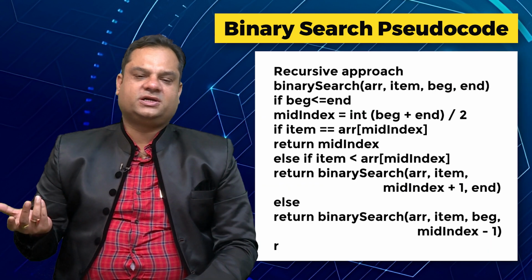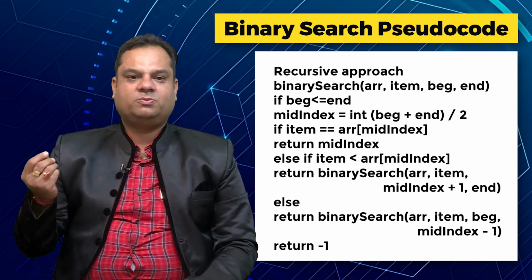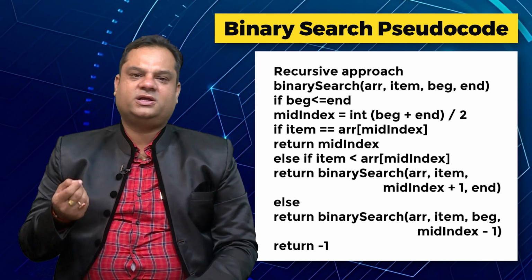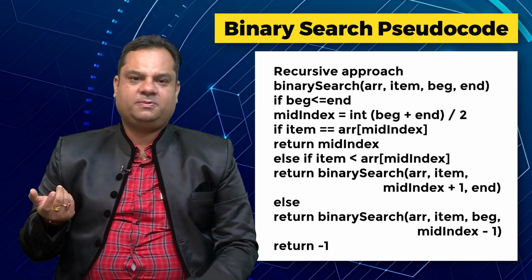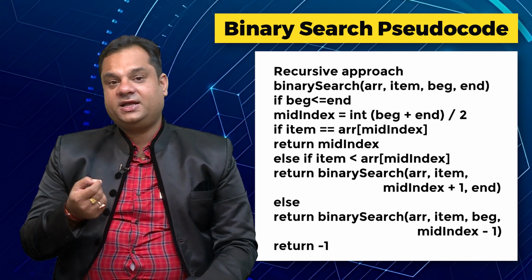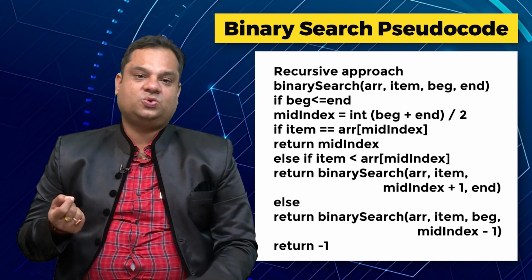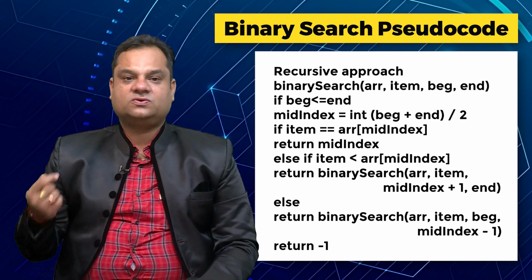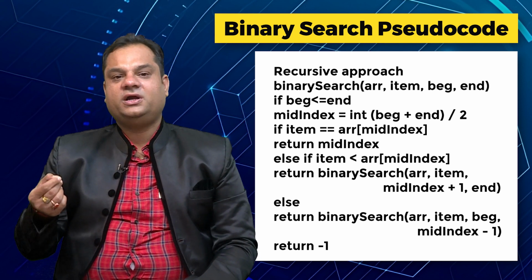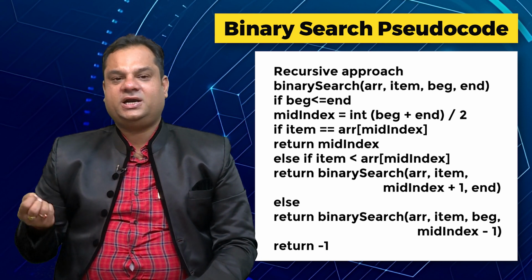Another approach is the recursive approach. So in a binary search, again we require some parameters like array, item, beginning and end pointers. If beginning is less than or equal to end, we directly find the mid index. So for the mid index, we find the integer of beginning plus end by 2.